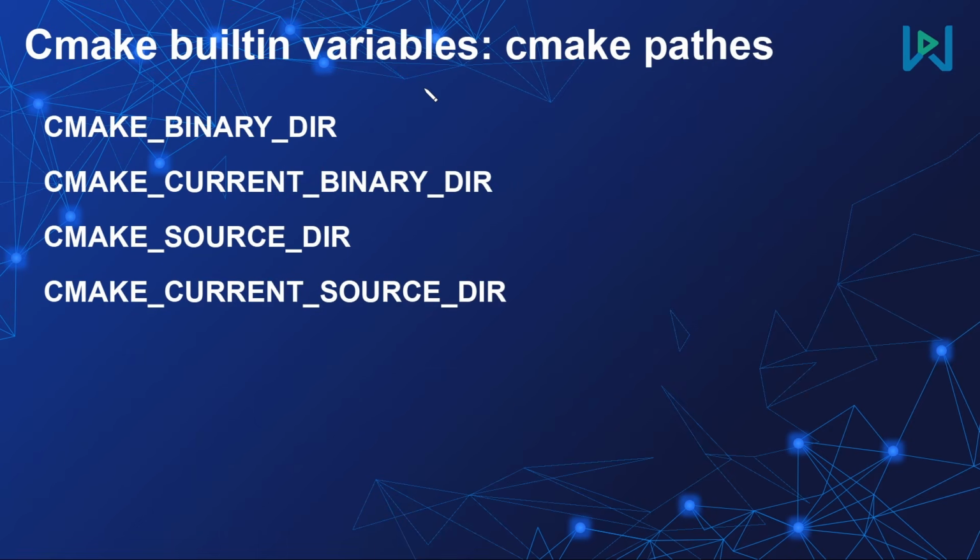Another feature which is quite useful within our CMake build system is the usage of what are called built-in variables. Now, for globally and widely used paths, like the location of the output binary or the top level directory of our project, we can reference those paths using globally defined CMake variables.